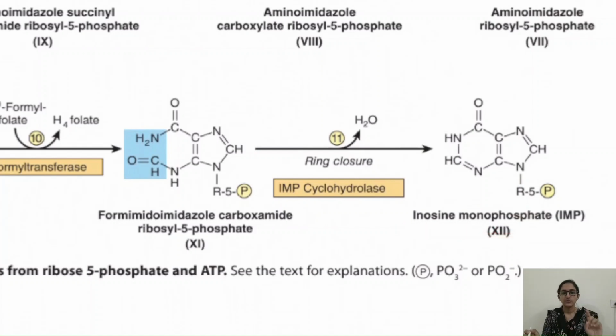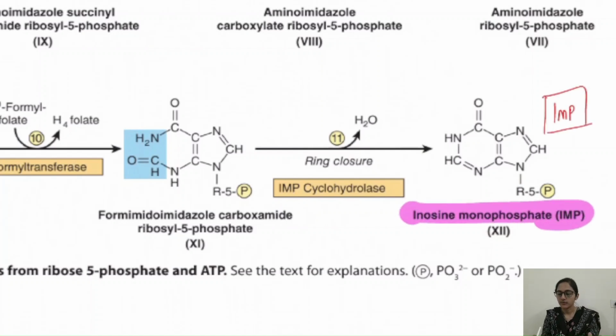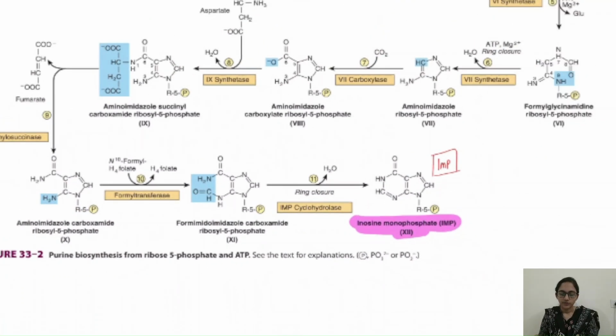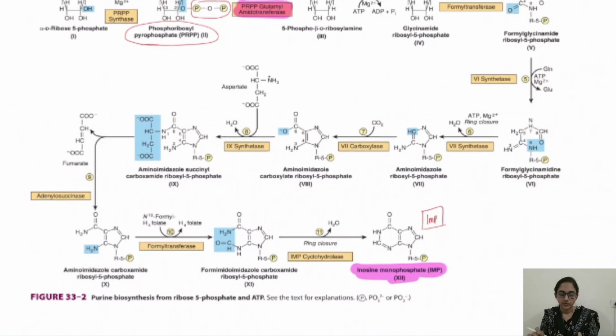The first formed purine nucleotide is going to be inosine monophosphate. That is very, very important. The first formed nucleotide by de novo purine synthesis is inosine monophosphate. Is it clear now? Yes. So let's see the overview.